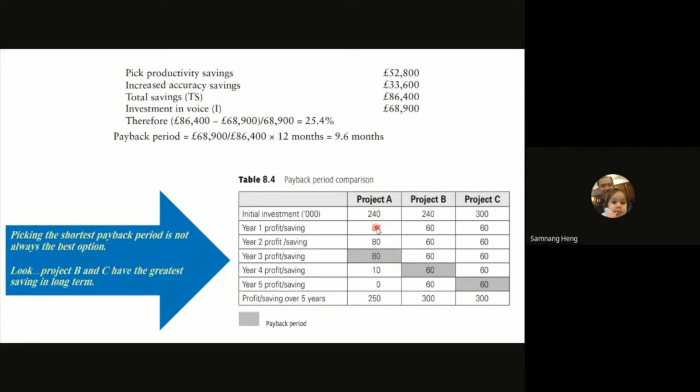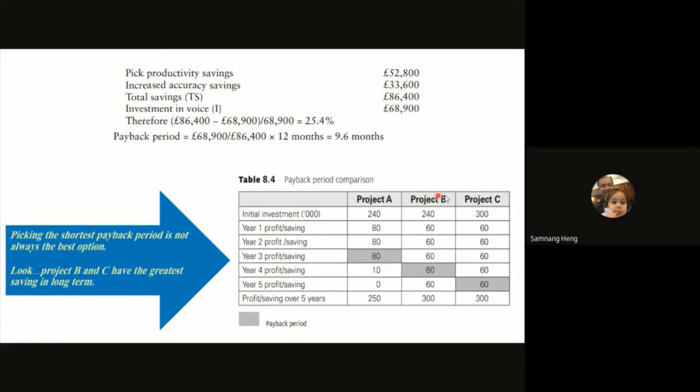Let's say $80 a year, and you have to wait like year 3 for the payback period, the breaking even point. If you spend $240, and each year you make $80, so you have to wait until year 3 until you start making money to pay off the investment, right?